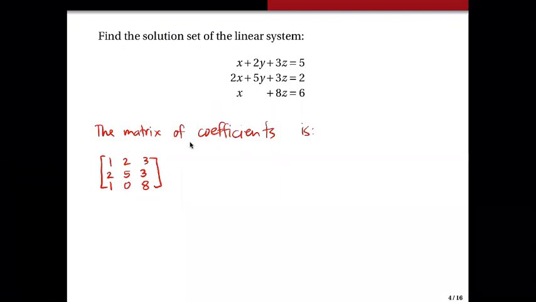So let's find the inverse here. What we're going to do is to augment this with the identity matrix: 1, 0, 0, 0, 1, 0, 0, 0, 1. And then we apply our Gauss-Jordan method.